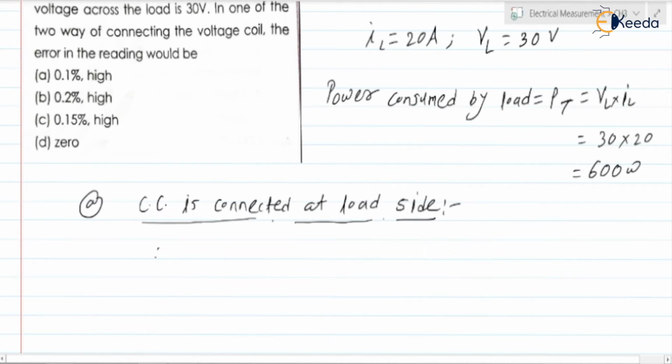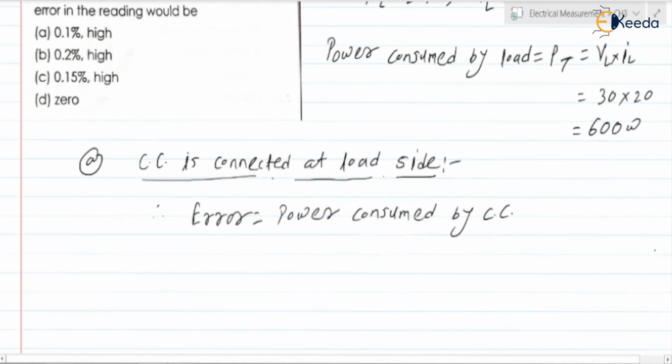Therefore the error is equal to the power consumed by the current coil. So what is the power consumed by the current coil? As the current coil is connected at the load side, the load current is equal to the current flowing through the current coil.